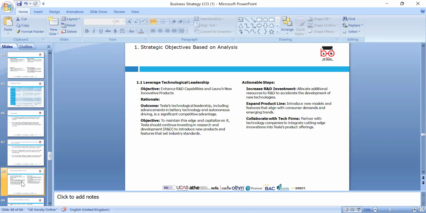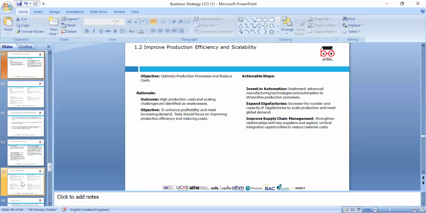Strategic objectives, as we mentioned, mean end results, goals, actionable research and development, increasing product lines and collaborating on tech. So we can look around Tesla, or whichever company of your choice you pick: improve production efficiencies, optimize, we said lean earlier, so we can focus on how Tesla can be looked at and the outcome.